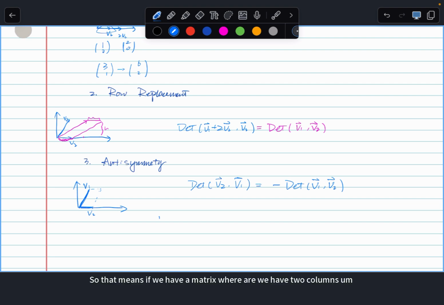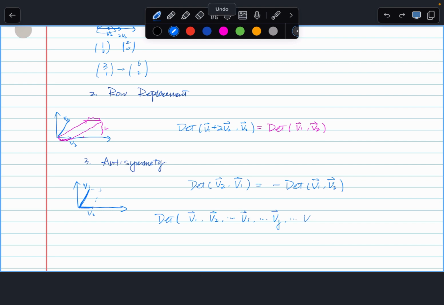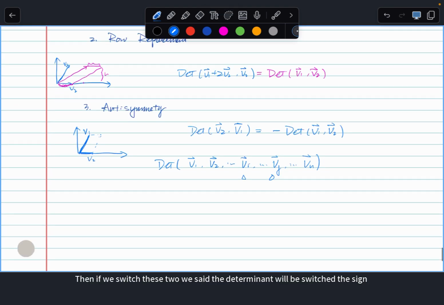So that means if we have a matrix with columns v1, v2, and some vi, and after something there is a vj, all the way to vn, then if we switch these two, the determinant will switch sign.